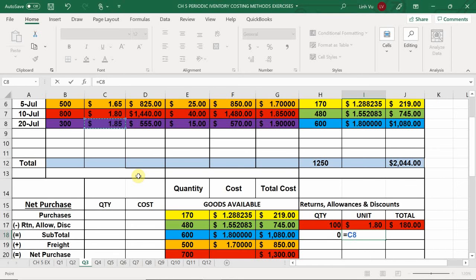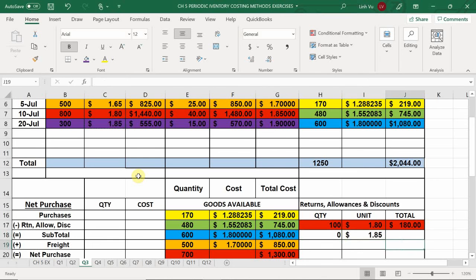Since I'm dealing with the purple batch, my purple batch cost me $1.85 each. So how do I accept this 20% discount off of the 50 items I'm attempting to return?